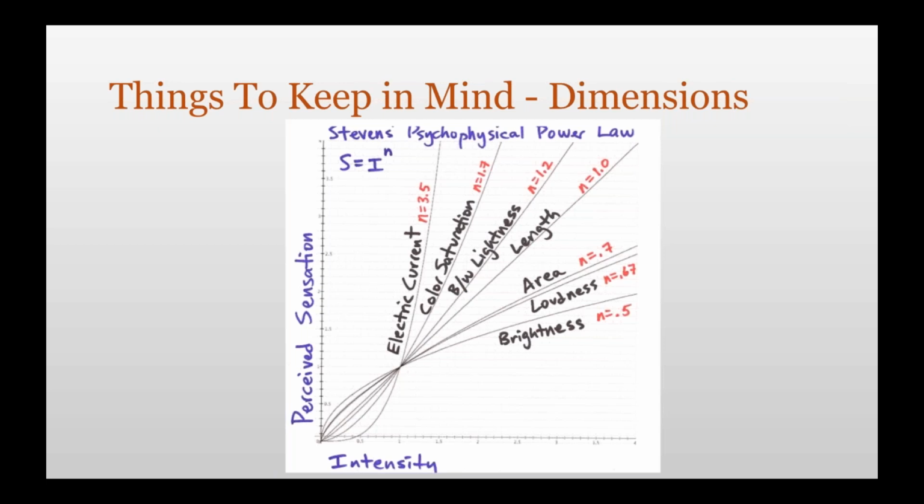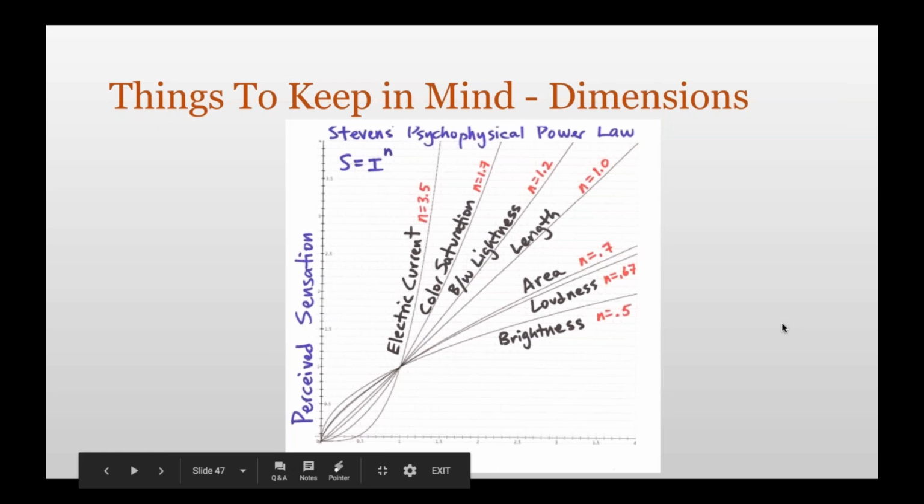This n is referring to what you're perceiving versus what reality is. With area, if something is twice as large as something else, you multiply that 2 by 0.7, and you'll perceive it as less than twice as large as what you're comparing it to. A lot of these you could use for data visualization. Electric current would be kind of scary if you did, but if you did, just keep in mind that's 3.5.